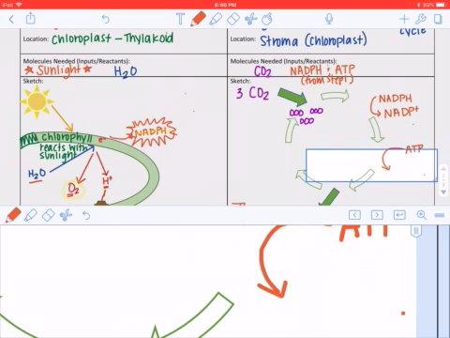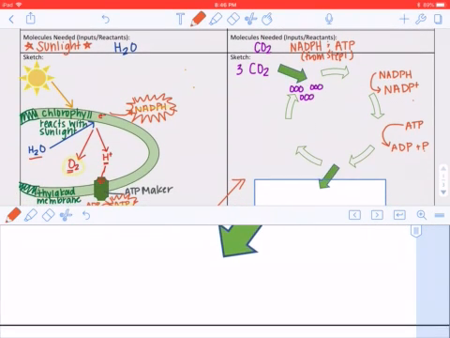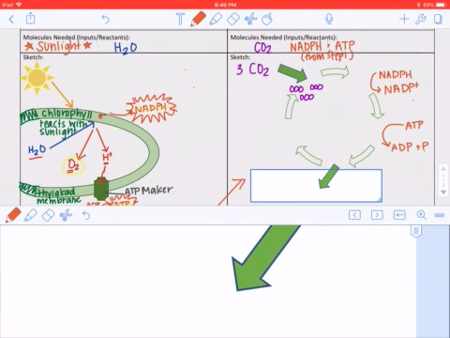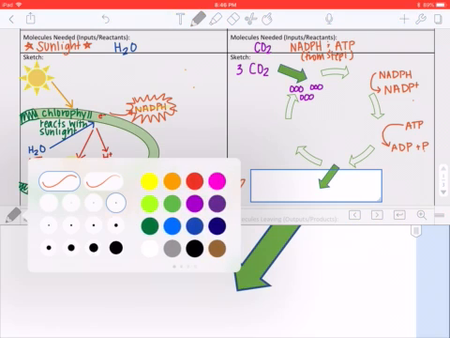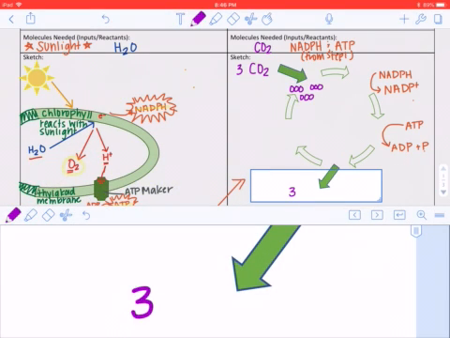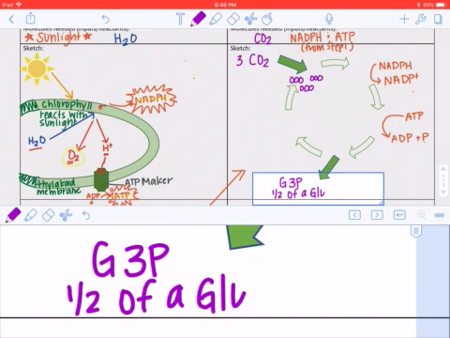It's going to release energy and turn into an ADP and a phosphate, okay? And in the process, that carbon gets rearranged. Eventually, what comes out of here is a molecule called G3P. G3P. And this is a half of a glucose.